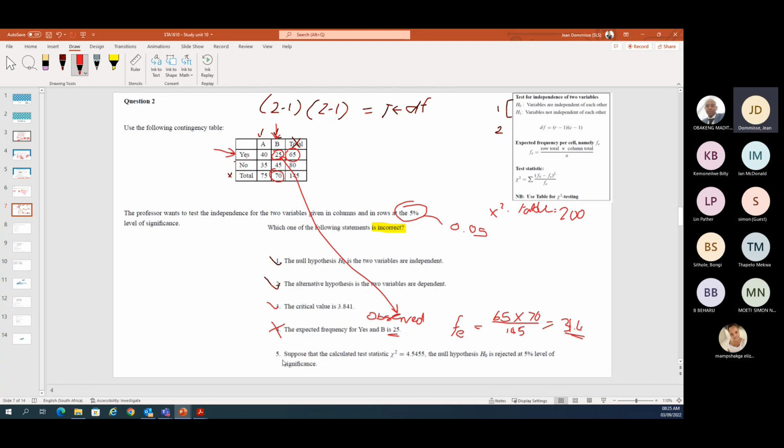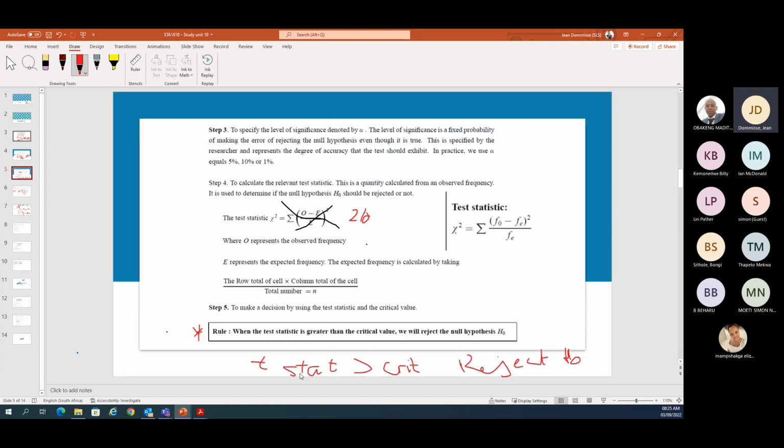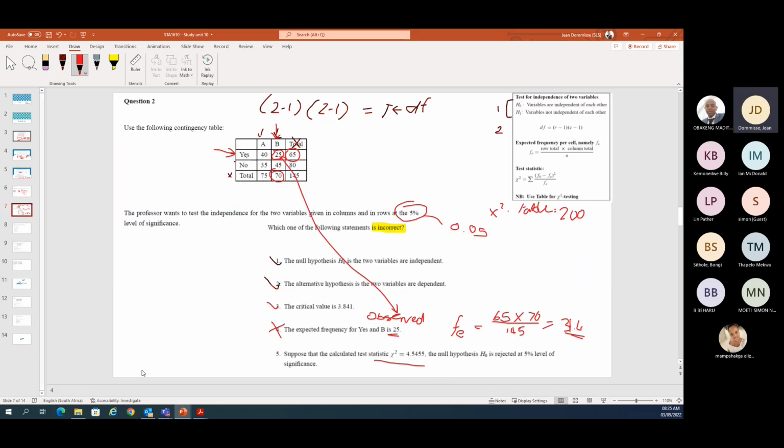Okay, but let's also look at the critical value, or not work it out, they tell us what the T-stat was. And remember, if T-stat is bigger than critical, we reject. So let's write that down. If T-stat is bigger than critical, we reject. Sure, I'm writing like a doctor today.